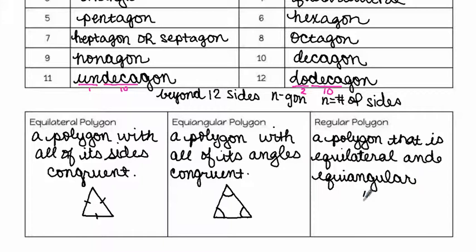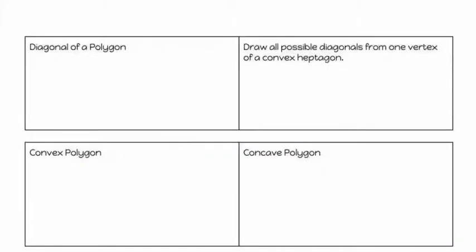So in this case, we go back to our 3 equal sides, 1, 2, 3, and 3 congruent angles, 1, 2, 3. So equilateral, all sides are congruent. Equiangular, all angles are congruent. And regular is both equilateral and equiangular. All right, moving on to the next page.